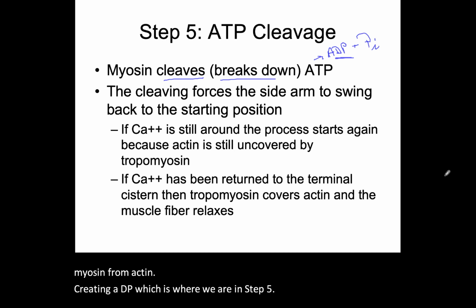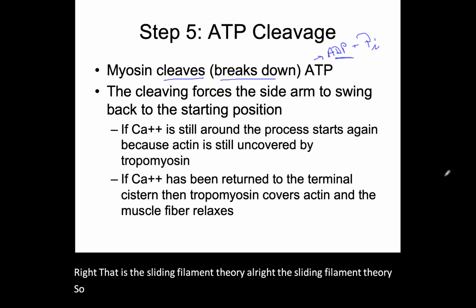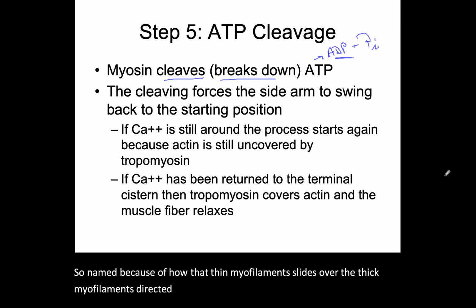Right? That is the sliding filament theory. All right? The sliding filament theory, so named because of how that thin myofilament slides over the thick myofilaments, directed by calcium and ATP.